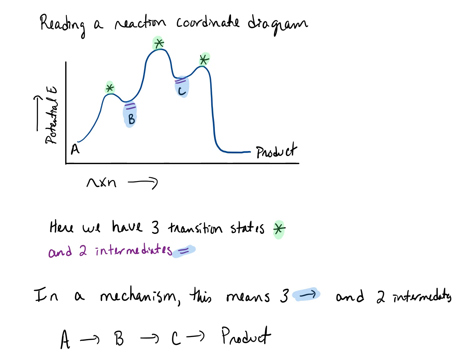So what this is showing is that when we go on this little roller coaster here, we start off with A. So we're going to start with A. We go through the transition state between A, and as we go down, that enters B. So now we have B. Then we go on up through another transition state until we hit C. And so that's where we get C from.